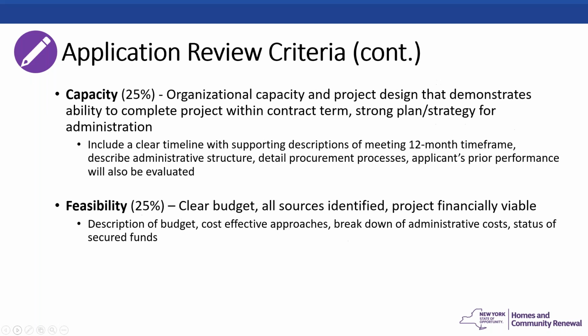We go to the next slide. In terms of capacity, applications should provide a clear timeline of how the project will be completed within 12 months and provide a supporting statement of how the project will be able to meet that time frame. OCR will also look for descriptions of the administrative structure and breakdown of roles and responsibilities, and any procurement processes should also be detailed.